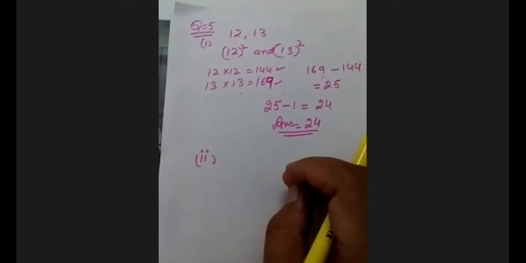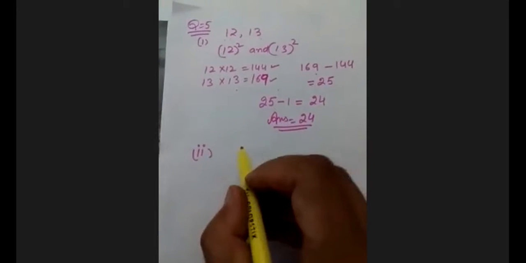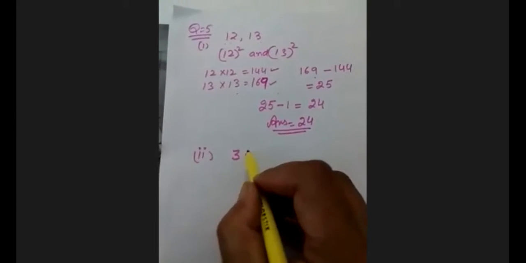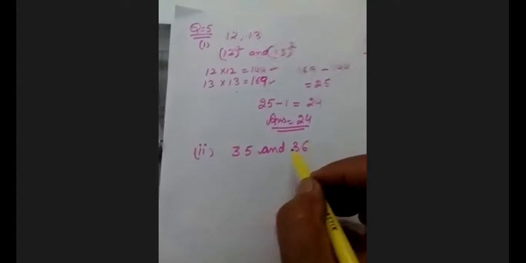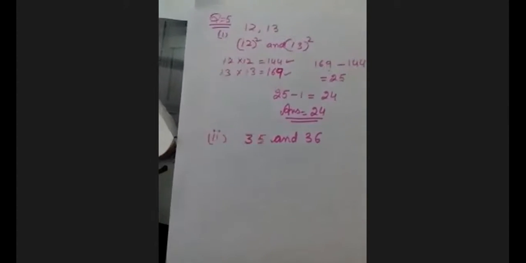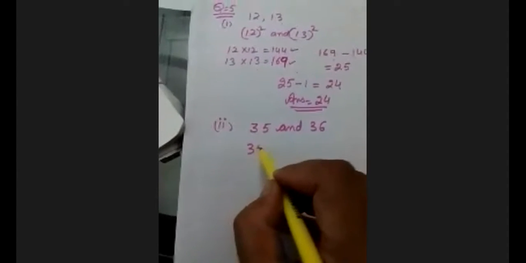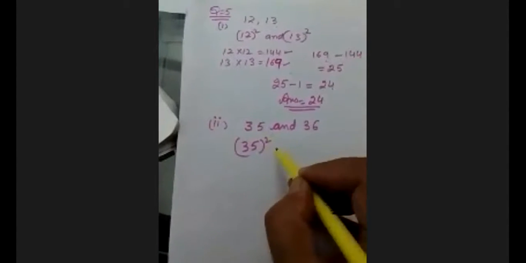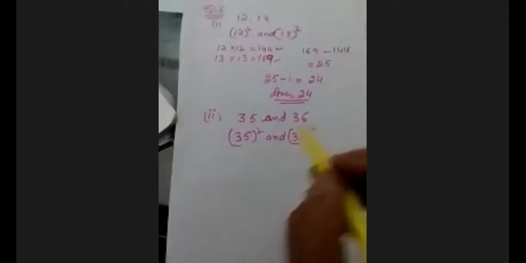How many natural numbers lie between the squares of the following numbers? Now the numbers are 35 and 36. First, we'll square these two numbers. 35 into 35, 35 square, and 36 square.